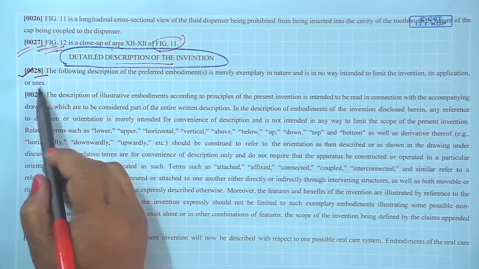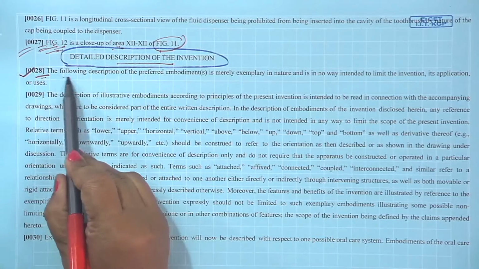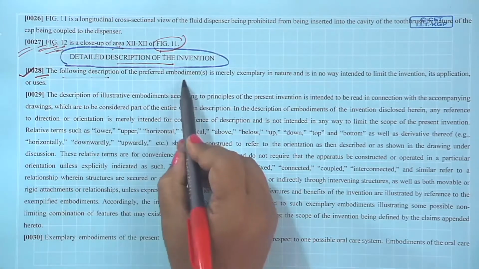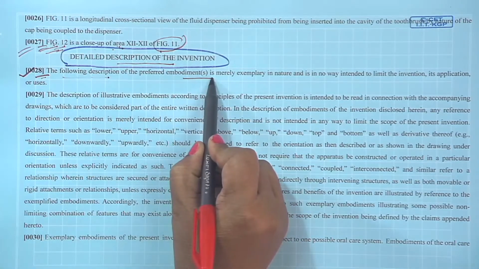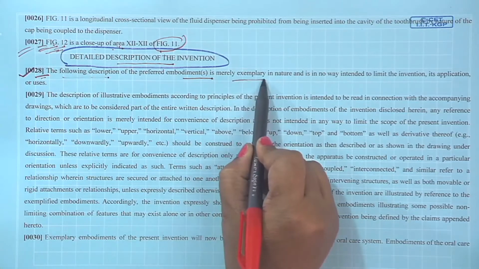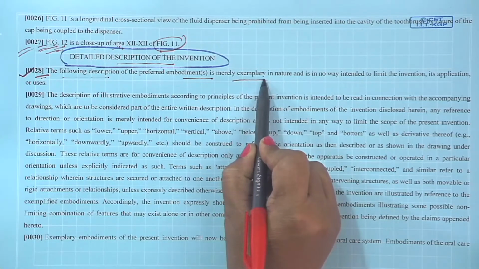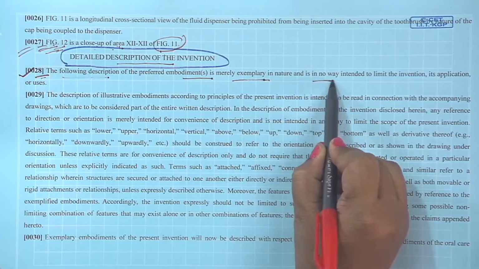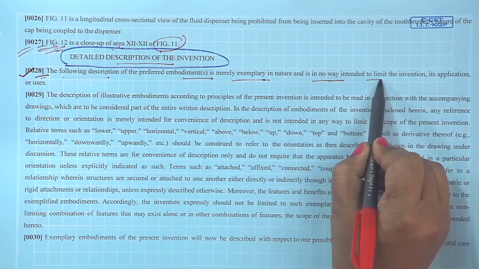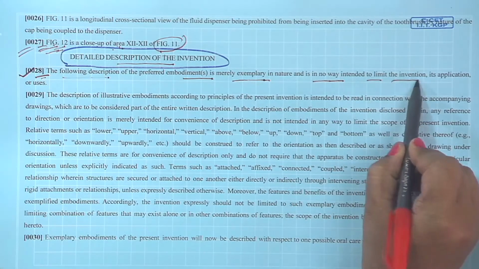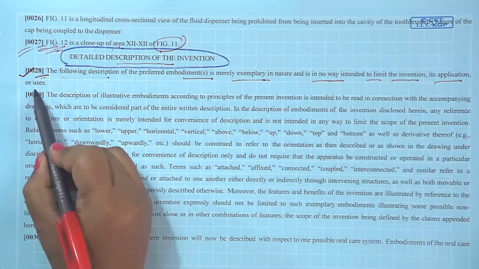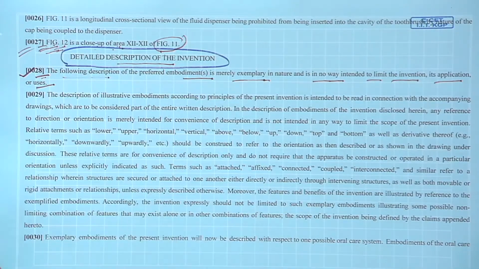I will just read this para 28. "The following description of the preferred embodiment is merely exemplary in nature and is in no way intended to limit the invention, its application or uses."